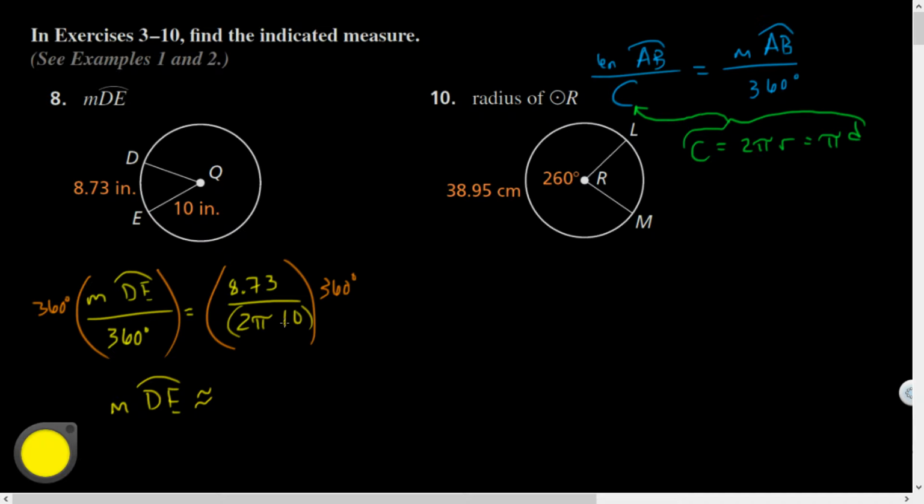Wow. 2 pi times 10 is the same as 20 pi, by the way. And I got about 50.02 degrees.